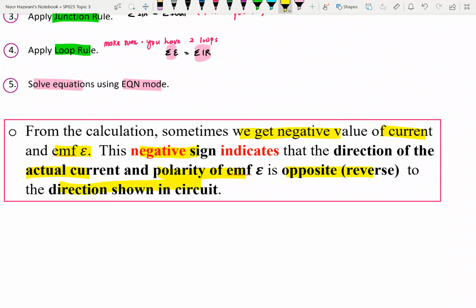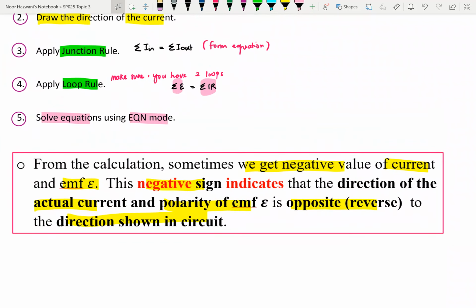Contohlah, current tu kan kita yang assume arah dia. Maksudnya kalau you dapat negatif, maksudnya the actual current tu adalah opposite dengan yang you lukis, yang kita assume tadi. Sama juga dengan EMF. Kalau you dapat negatif, maksudnya in the real circuit, dia adalah terbalik daripada lukisan dalam circuit. Okay, so jangan panik lah. Okay je dapat negatif tu, tak ada masalah.